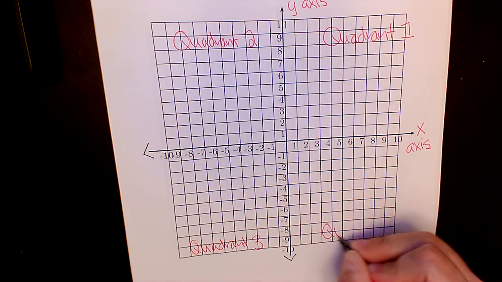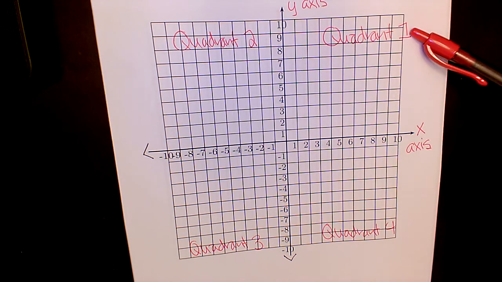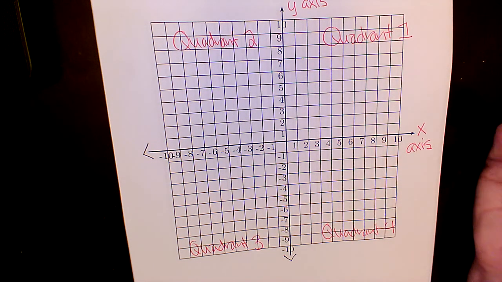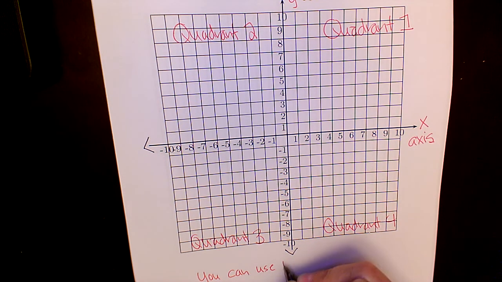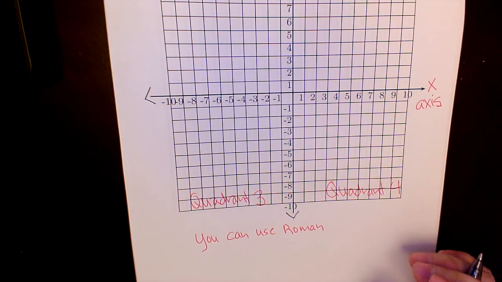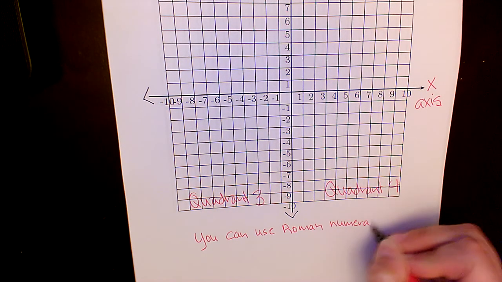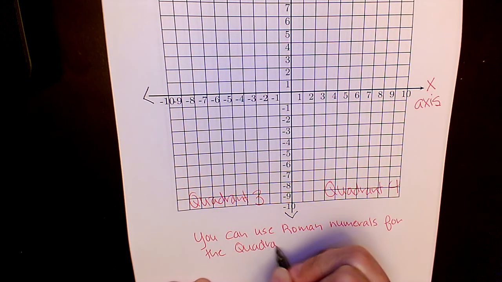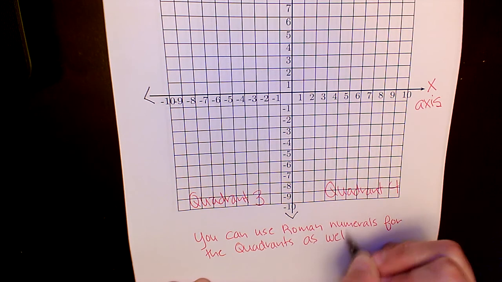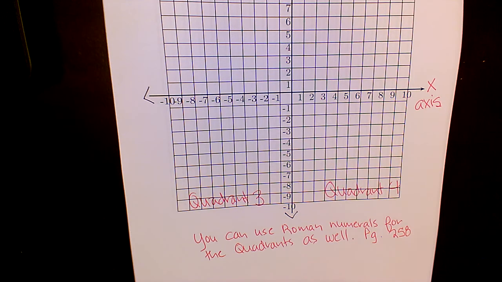And then last, I've got quadrant 4. You can use regular numbers, like I just did, 1, 2, 3, 4, or you can use Roman numerals to label the quadrants, and you might see that on the top of page 258 if you want to look at that.